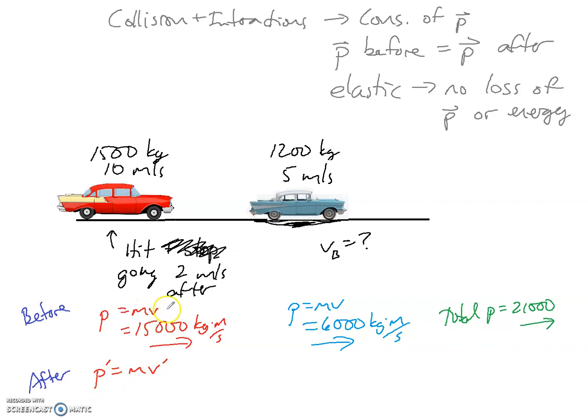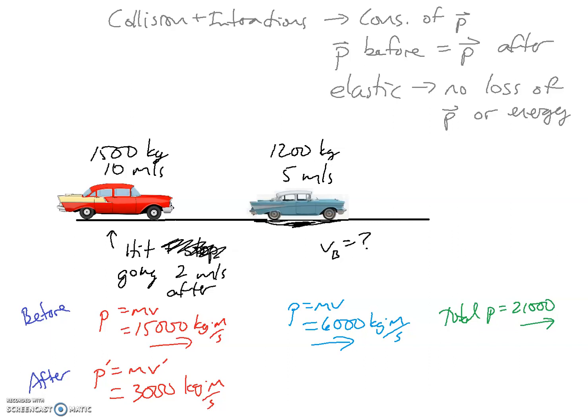Same with this is the first v and this is the changed v. Some people use primes, some people use 1s and 2s, some people use b for before, a for after. There's lots of different ways that you can do it. Anyway, I've got the mass, 1,500. The v afterwards is 2. Multiply those together, you've got 3,000 kilogram meters per second.